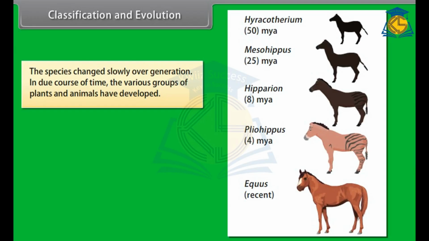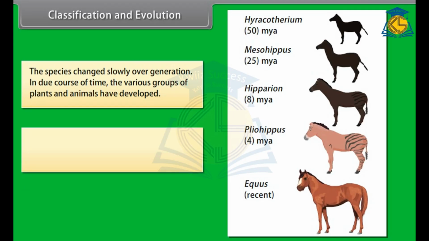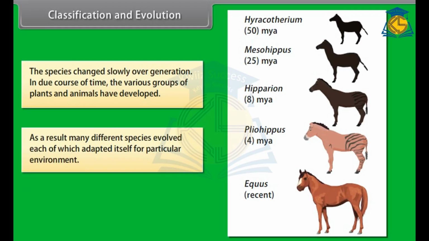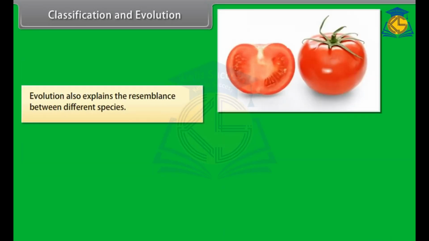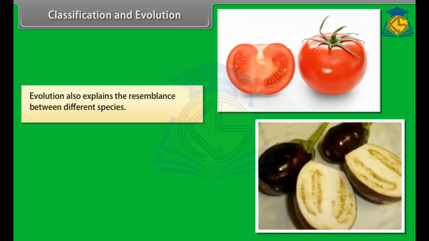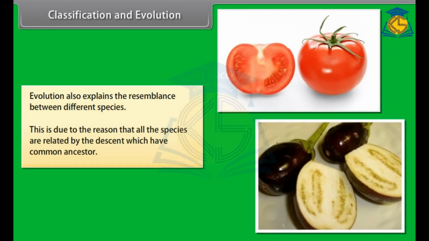In due course of time, the various groups of plants and animals have developed. As a result, many different species evolved, each of which adapted itself for a particular environment. Evolution also explains the resemblance between different species. This is due to the reason that all these species are related by descent, which have common ancestor.